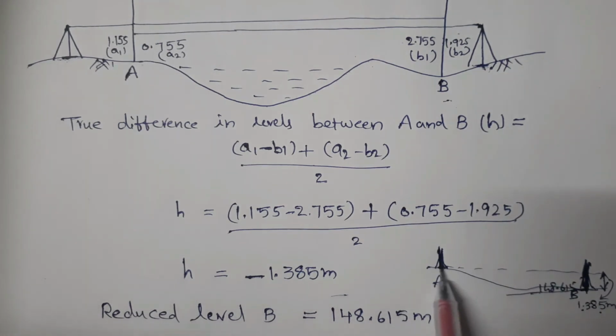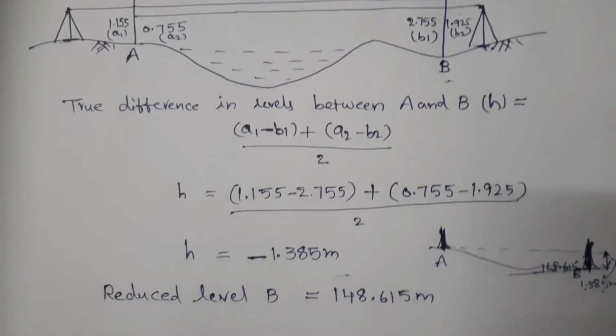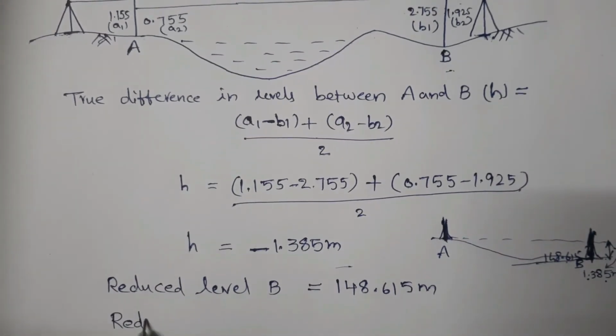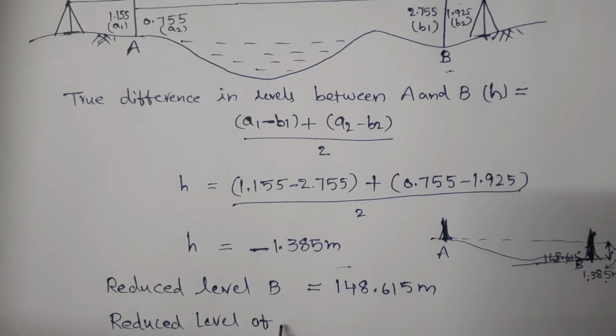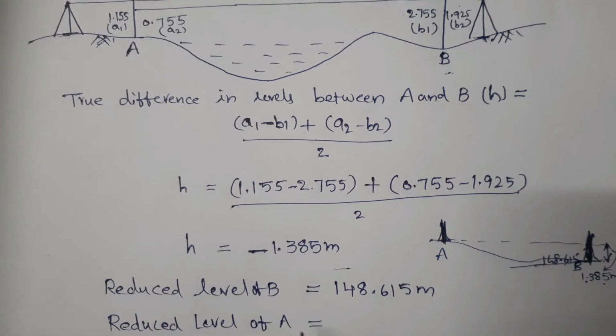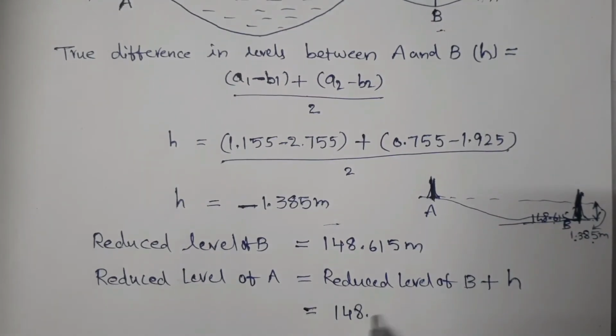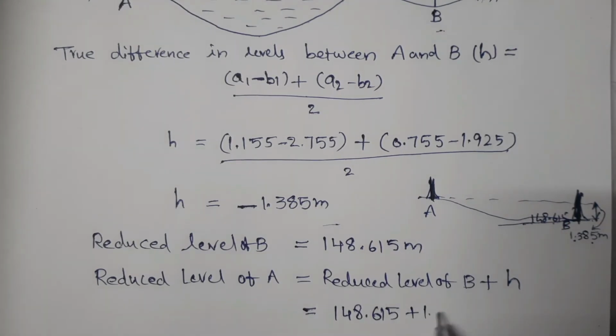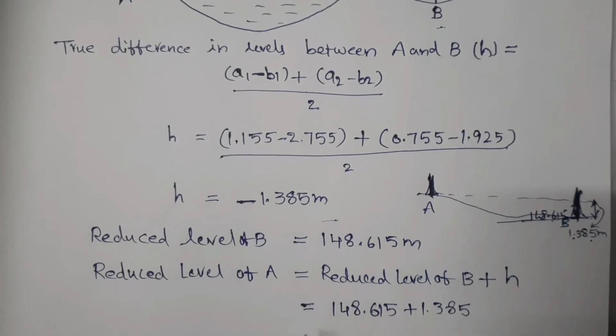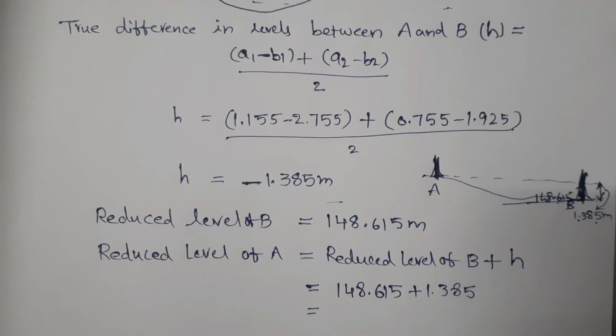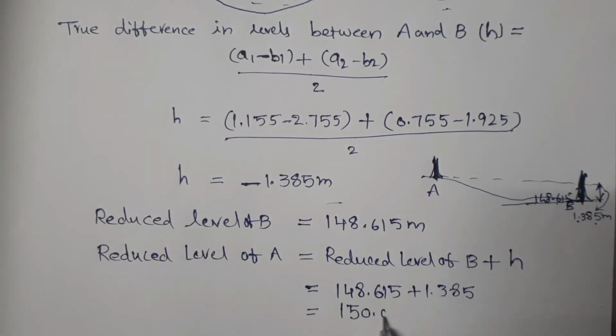So the reduced level of A is equal to the reduced level of B plus this H value, which is 148.615 plus 1.385 meters, equal to 150.00 meters. Reduced level of A is 150.00.